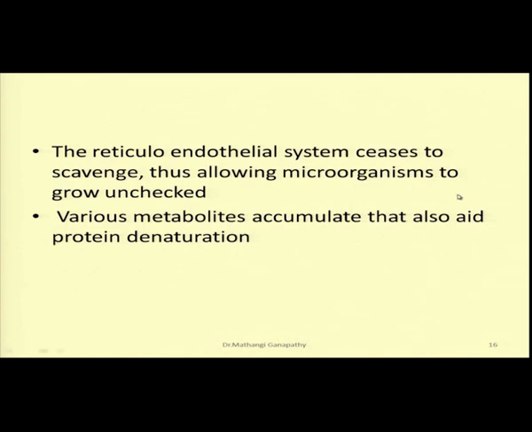So the microorganisms will grow unchecked. Various metabolites will start accumulating, which also aid in protein denaturation. So step by step you are having a conducive change in the slaughtered animal, which in turn will make microbial growth much more rapid.